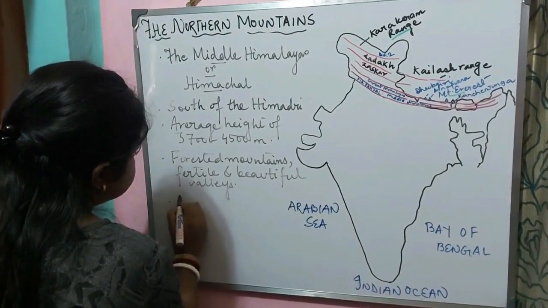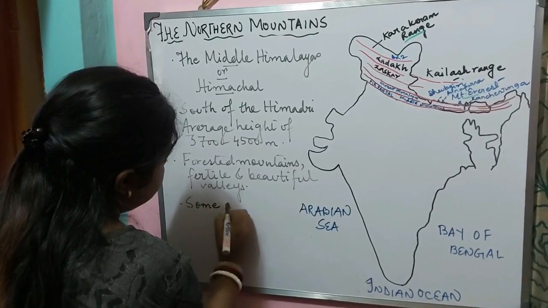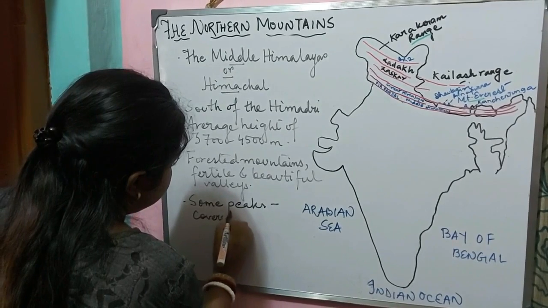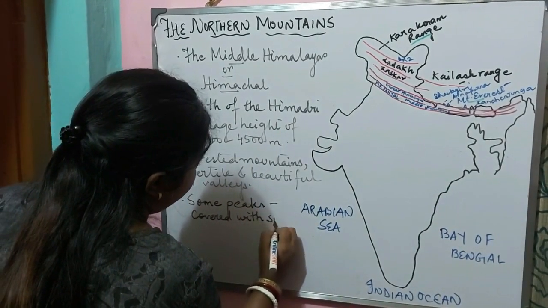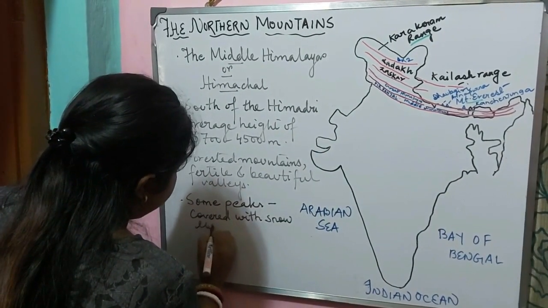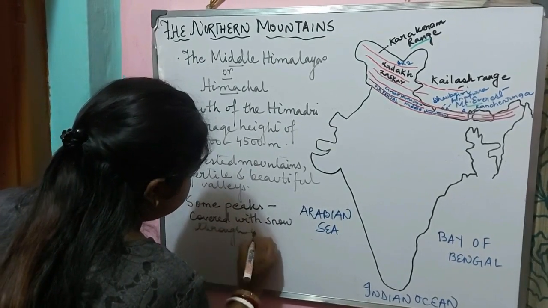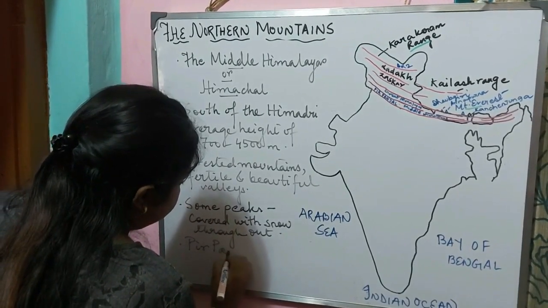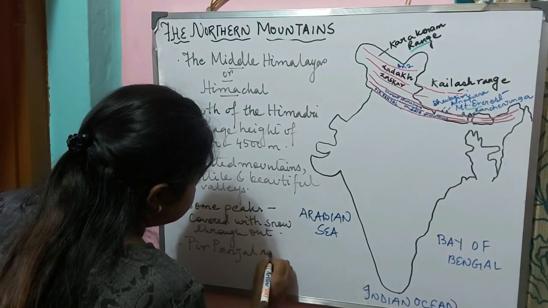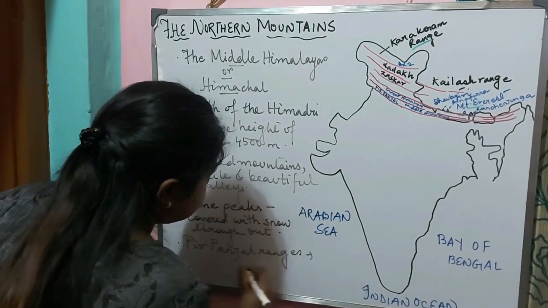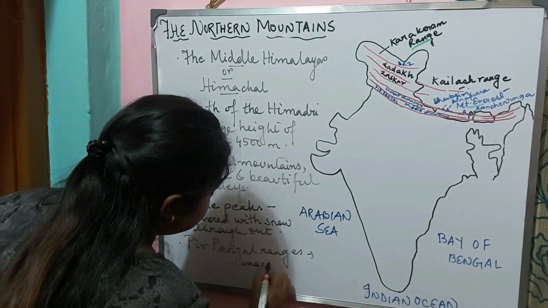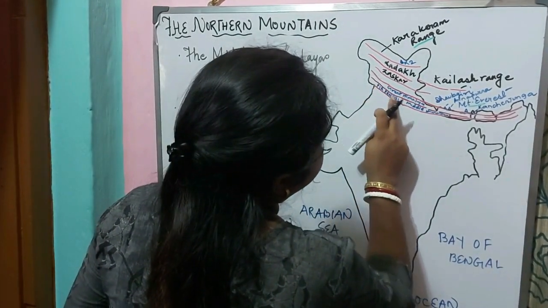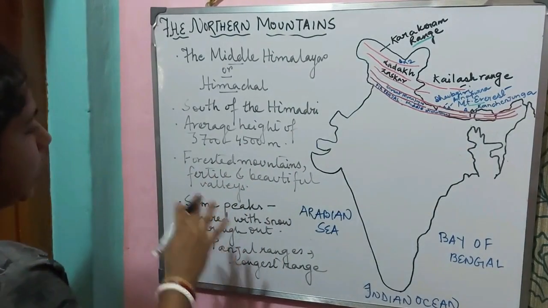There are some peaks which are covered with snow throughout the year, like the Pir Panjal range, which is located here, and this is the longest range located in Kashmir. See, this one is my Pir Panjal.